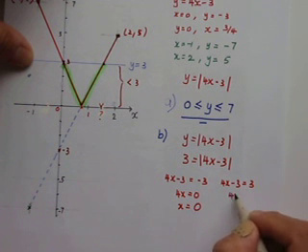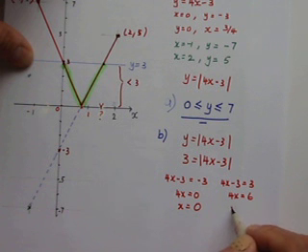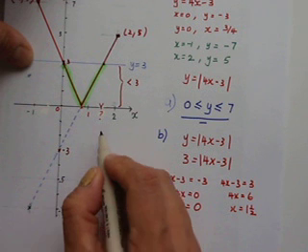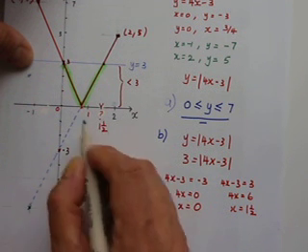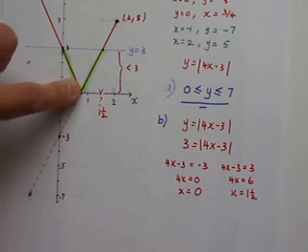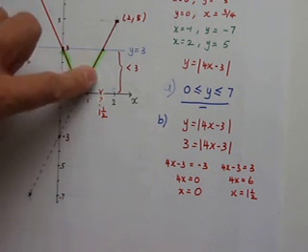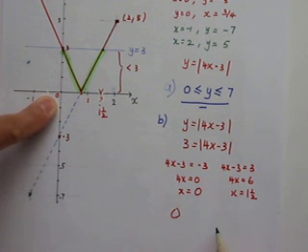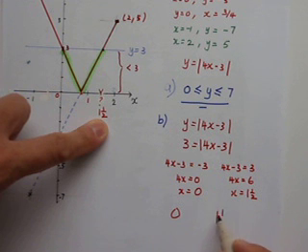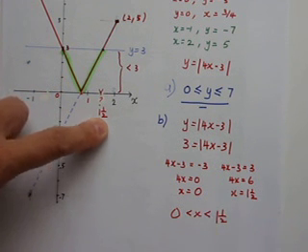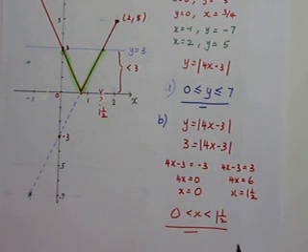In this case, 4x equals 6, x equals 1.5. So this point is 1.5, this point is 0. So, for the portion of the graph that is less than 3, x is from 0 to 1.5. Okay? So that is the answer for B.